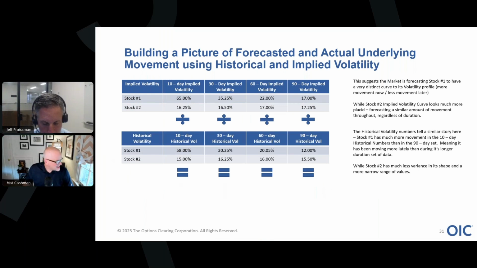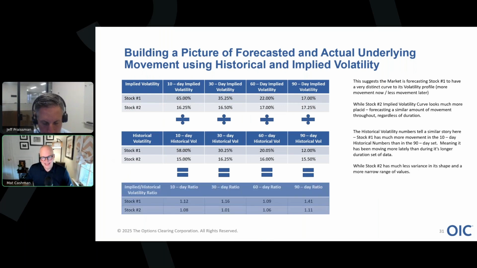The reason why is because I think that this gives you a really good idea of the ratio of those two things. And what I think it does is it allows you to think about this in terms of how much something is priced as far as movement is concerned and how much it has moved over the last same n number of days. What that gives you is the implied historical vol ratio. In this case, you have a 10-day ratio, a 30-day, a 60-day, and a 90-day ratio.